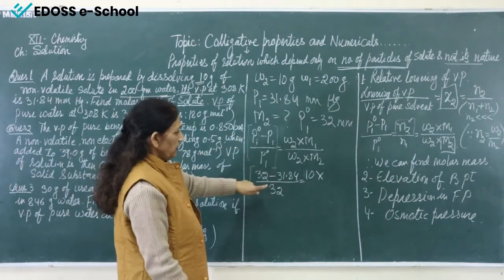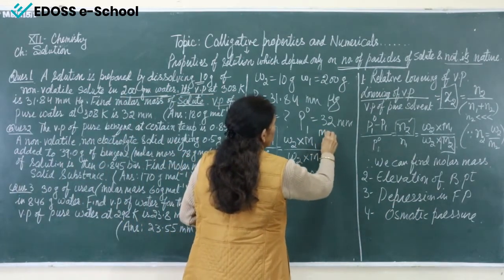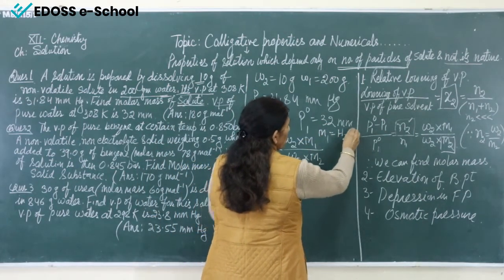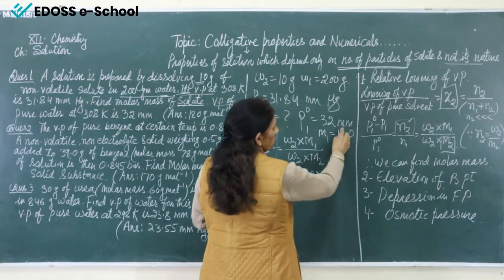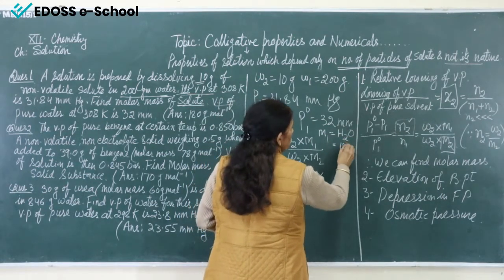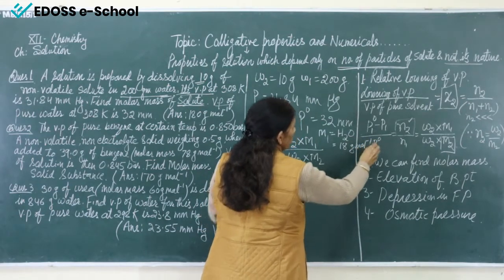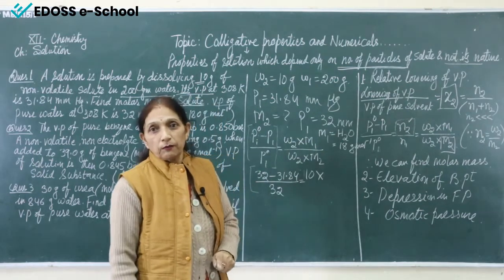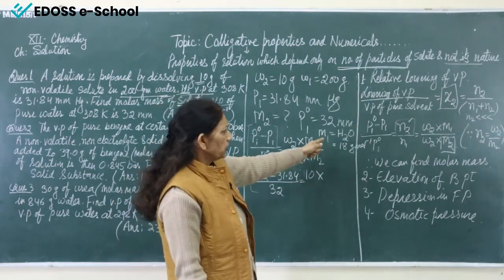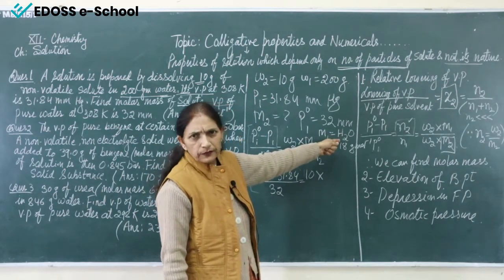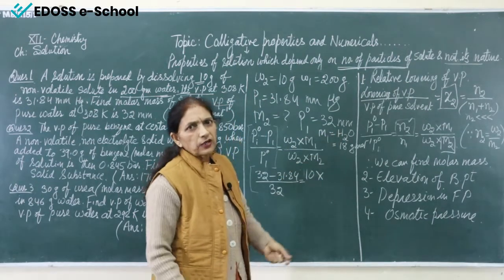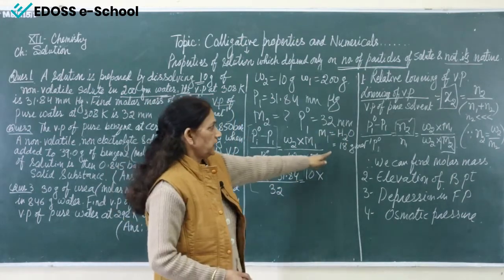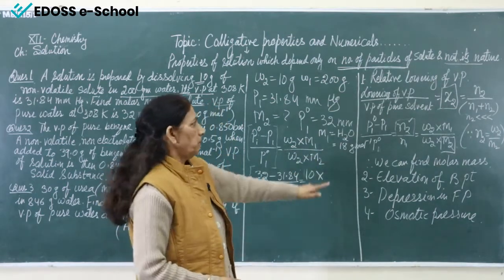M1 means the molar mass of water, and we know the molar mass of water is 2 plus 16, that means 18 gram per mole. Sometimes we get confused, they don't give you the molar mass of solvent, but they give the name to you, so you can easily find it out. Hydrogen is having atomic mass 1 and oxygen is having atomic mass 16. So M1 is coming 18 gram per mole.